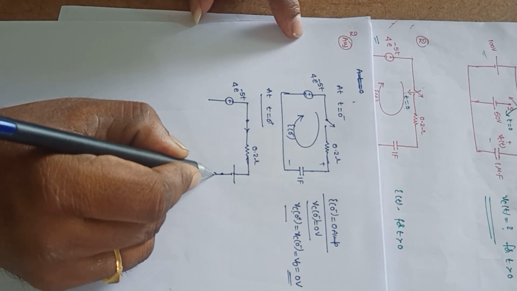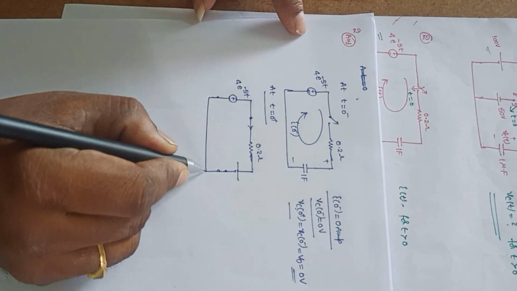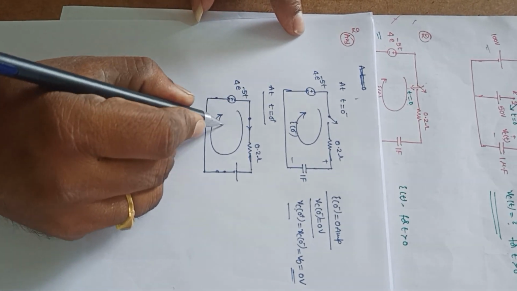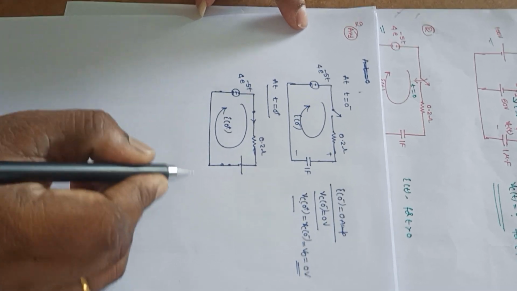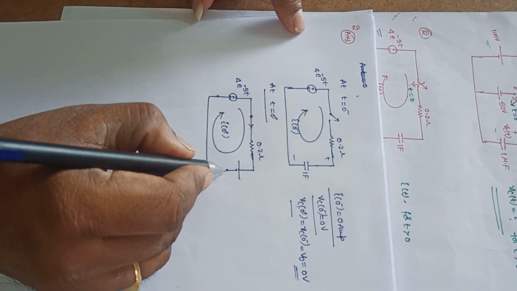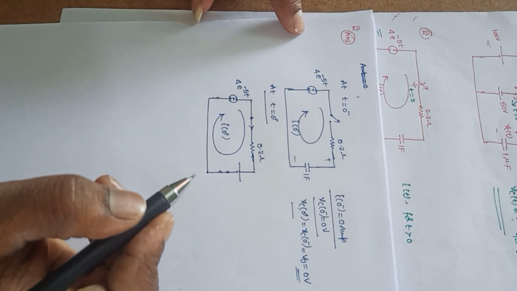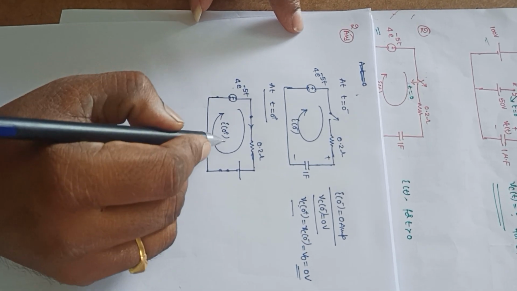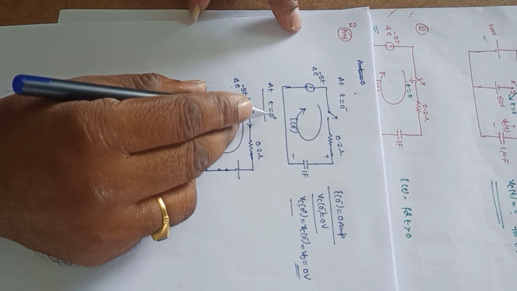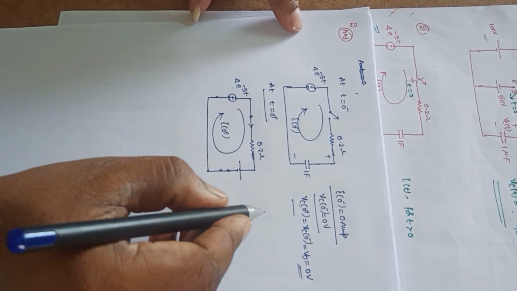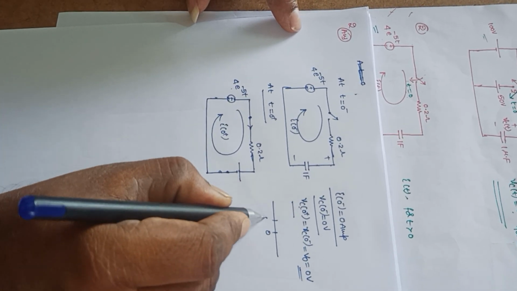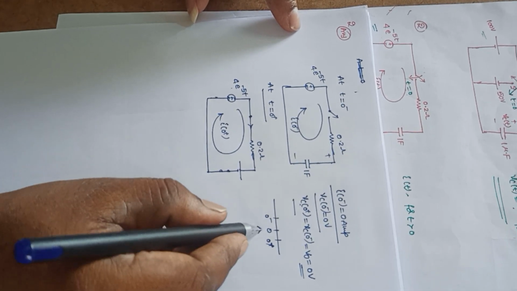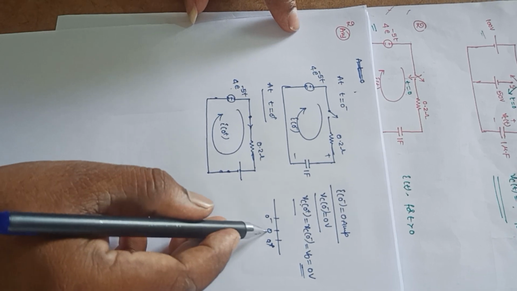The capacitor will act as a short circuit, and this is the current I of 0 plus. Only for a DC supply does it act as a short circuit; here it is an exponentially decaying function, but we are calculating at t equal to 0 plus, where the switching action is done, so t is almost 0.